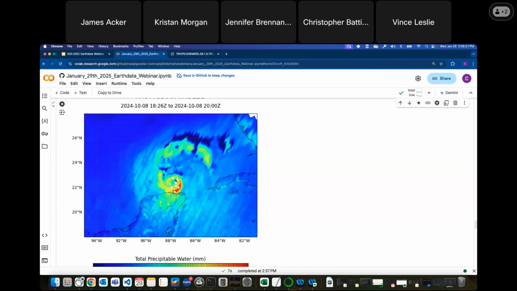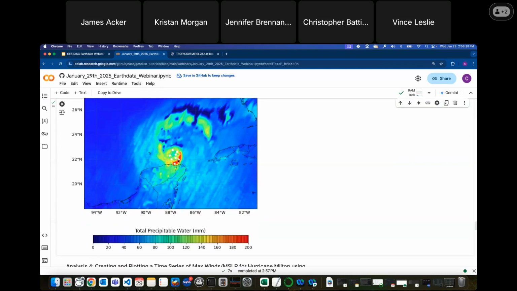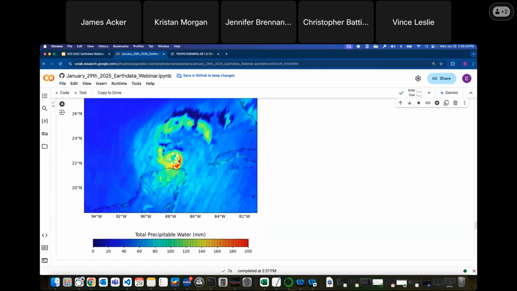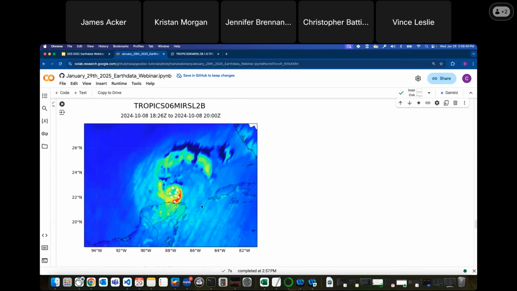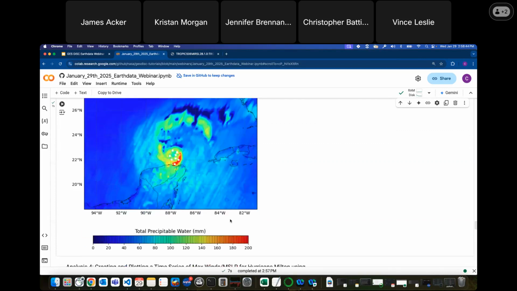And here you can actually see that there are some spots that are blanked out, which could be either off-scale low or high values, which correspond to this extremely high amount of precipitable water, nearly 8 inches of water per column, which is just an incredible amount of moisture that Milton brought to the Florida coast.